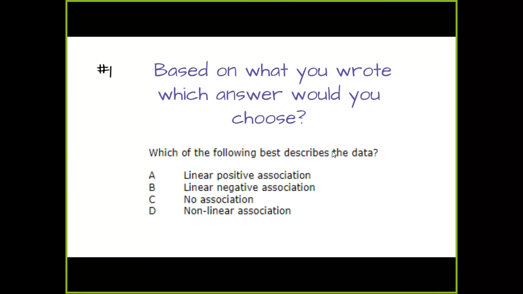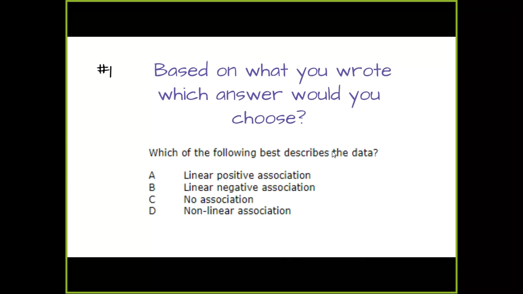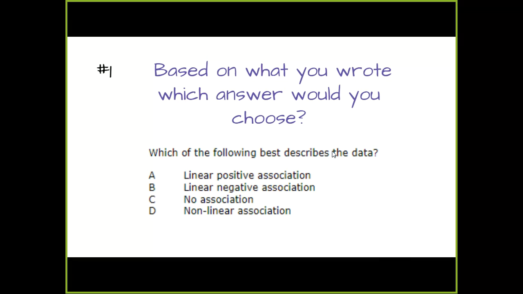So it says, based on what you wrote, which answer would you choose? It says, which of the following best describes the data? So which one would you guys choose? B. Yeah, good. So linear negative association, because we already established that it's a negative association.